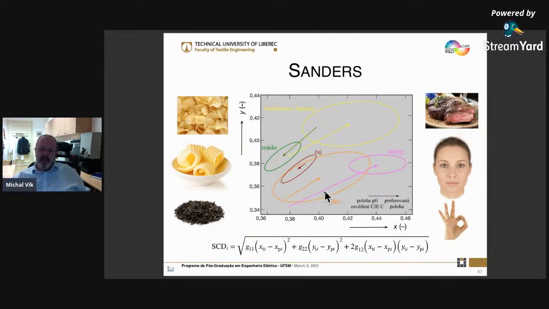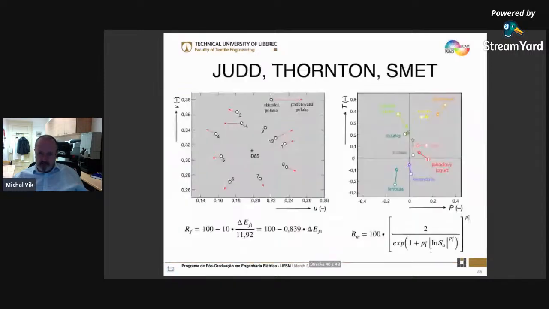Based on that, we can measure the shift and distribution of acceptance color difference for each of these 6 products, and you can see here such a possibility of how to measure it.